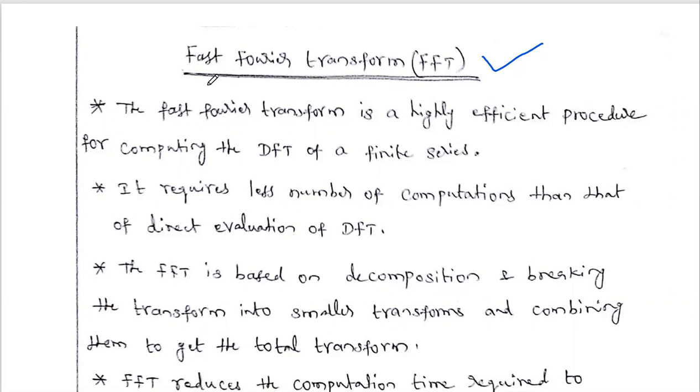Now, the disadvantage of the direct evaluation method of the DFT is that the number of computations required is very high. The number of computations means the number of additions and multiplications used to find capital X of k, which is a large number in the direct evaluation method.